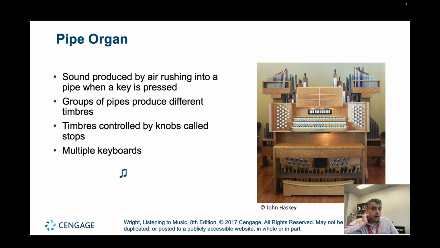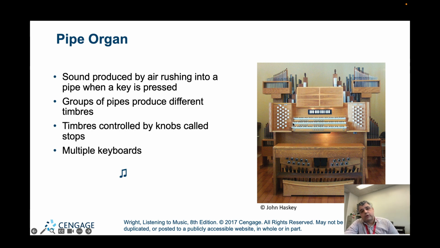Remember that. So all these different pipes are set in groups, and each of these groups of pipes will create different timbres. So as an organist, you have a wide array of different colors that you can play with, okay? Now, if you look at this organ here, you'll see there are several different keyboards.